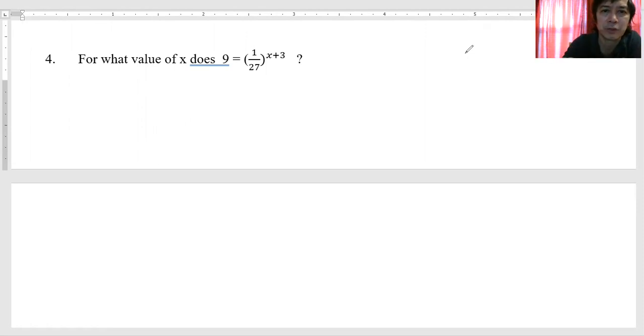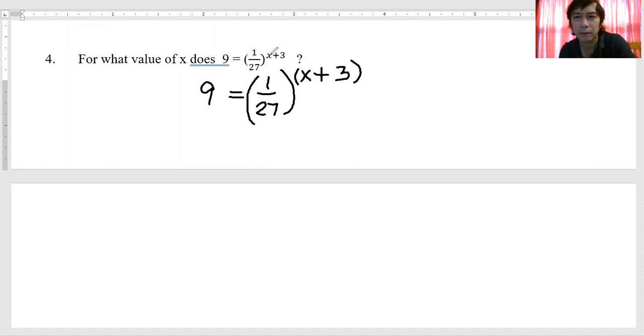This is supposed to be like this: 9 is equal to 1 over 27 raised to the power x plus 3. There. Now, we have 9 and 27.